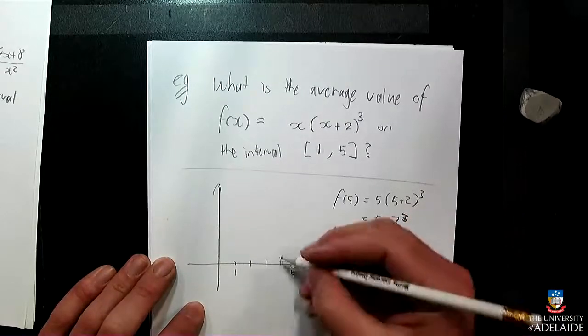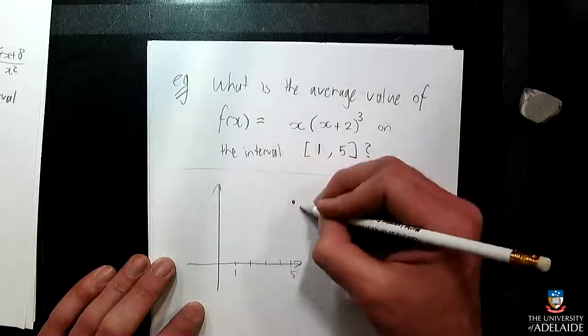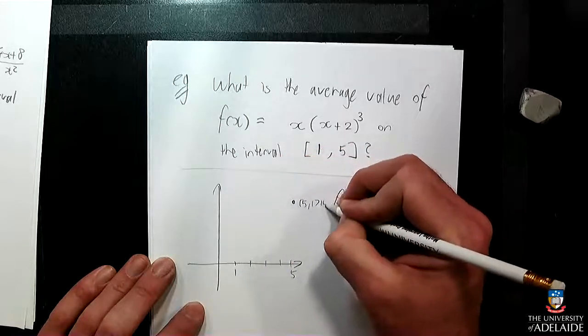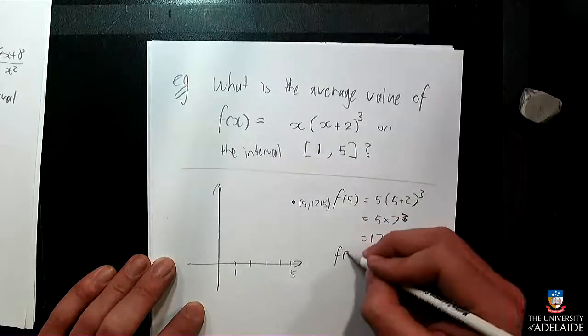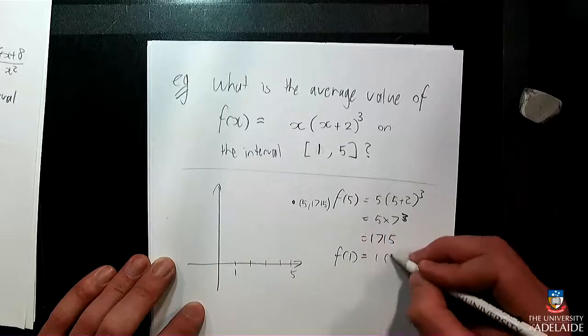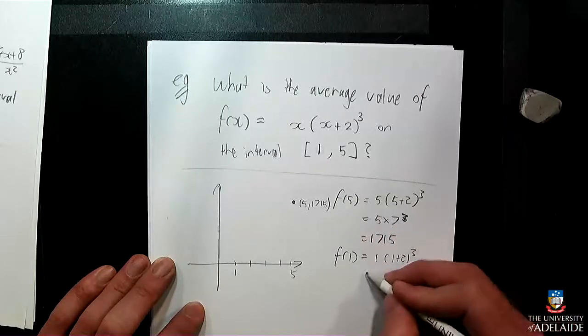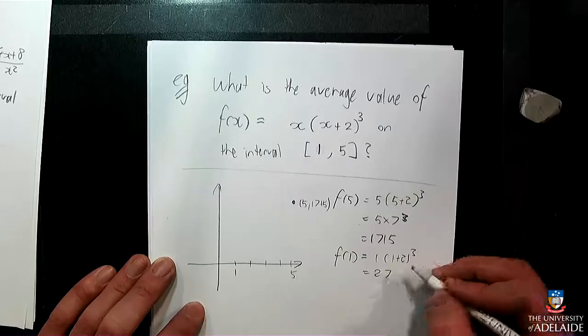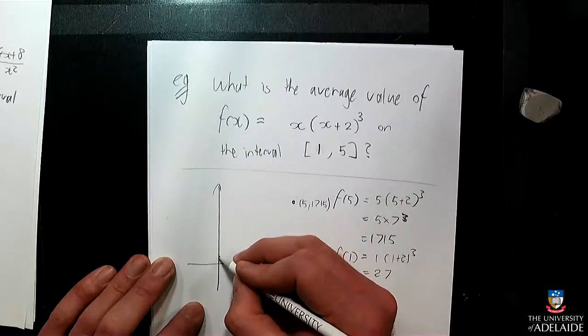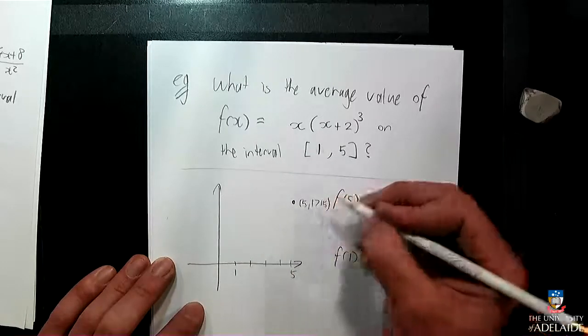Okay, it's huge. And f of 1 is 1 times 1 plus 2 cubed, which is 1 plus 3 cubed, which is 27, which is going to be like way down here compared to the 1700 up there.